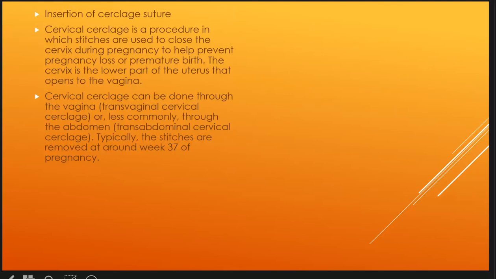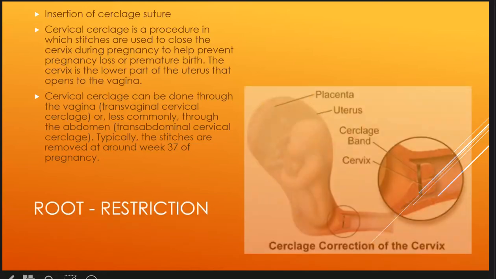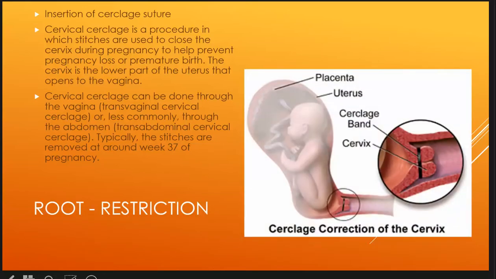The next one, number 2 and number 3, are related in the sense. The first component is insertion of a cerclage suture. It's helpful if you understand what that procedure is and why it's being done. This is a picture here on the right. They're actually using sutures to close off temporarily the opening into the cervix.